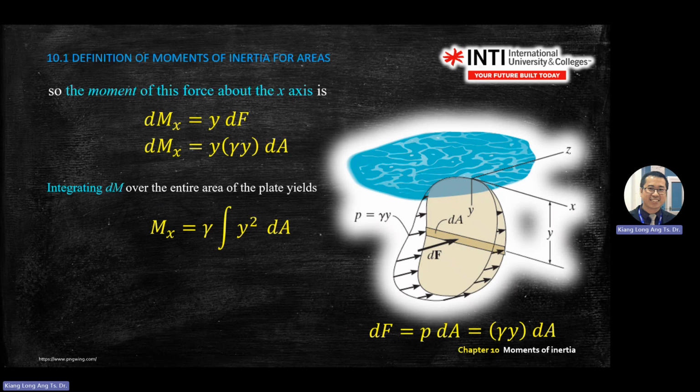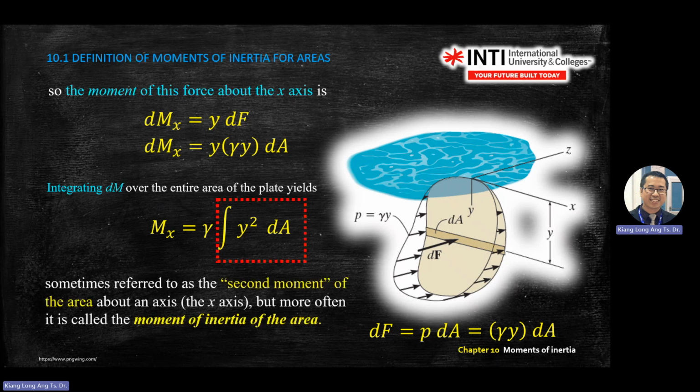So you rearrange this, y squared, and the gamma you push to the left, outside the integration sign. So you see integration of y squared dA, and this is the moment about the x-axis: Mx equals gamma, the specific weight, multiplied by integration of y squared dA.